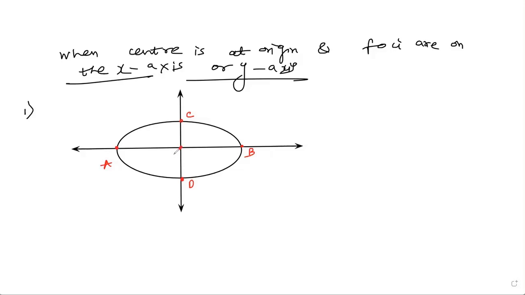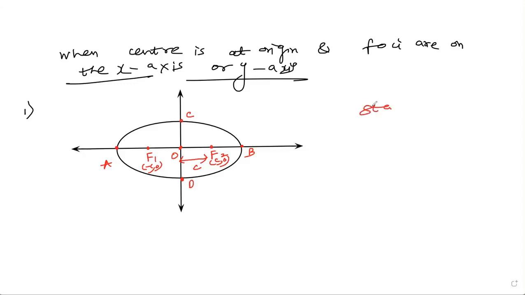This is my center, marked as O. These are my foci, F1, F2. If I consider the distance which we already discussed earlier, this is my c, so obviously the coordinates of F2 will be (c, 0), and on the negative side will be (-c, 0). That's pretty clear, I guess.